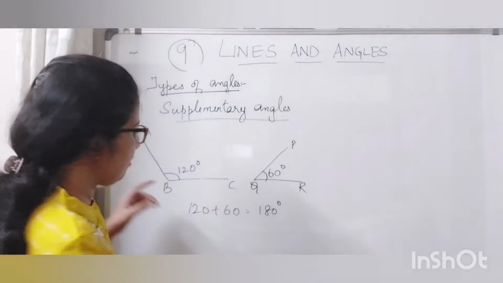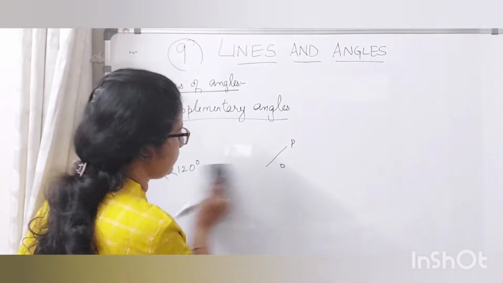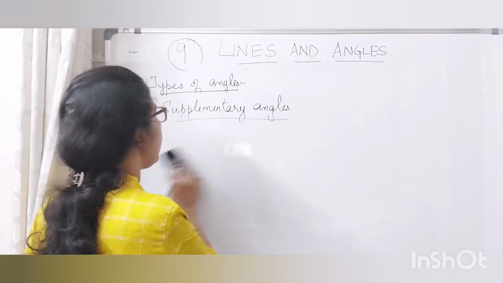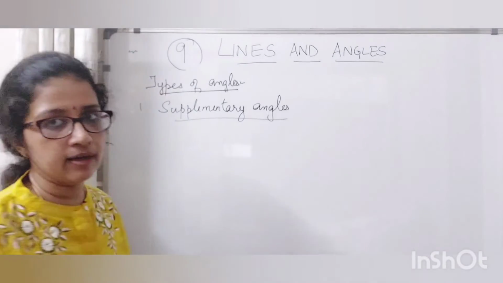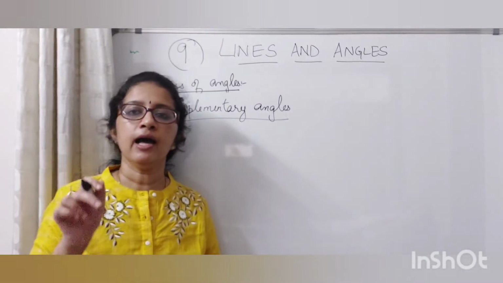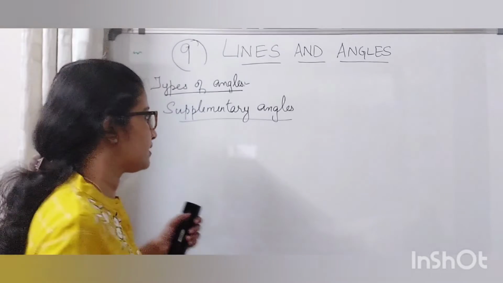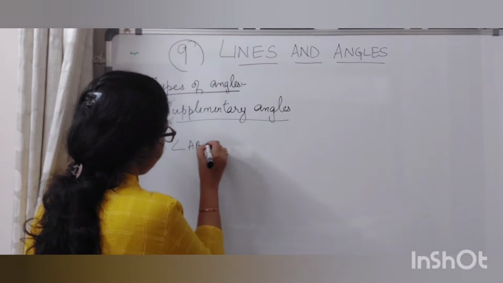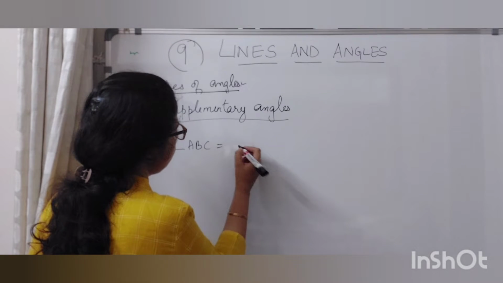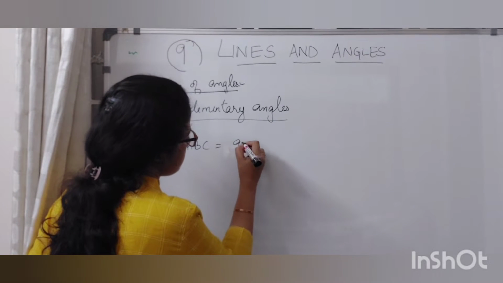Okay, so in the same way, just like complementary angles, they will say two angles are supplementary and they will give the measurement of one angle and they will tell you to find the other angle. Okay, so it's very easy, right? For example, angle ABC is equivalent to 90 degrees.